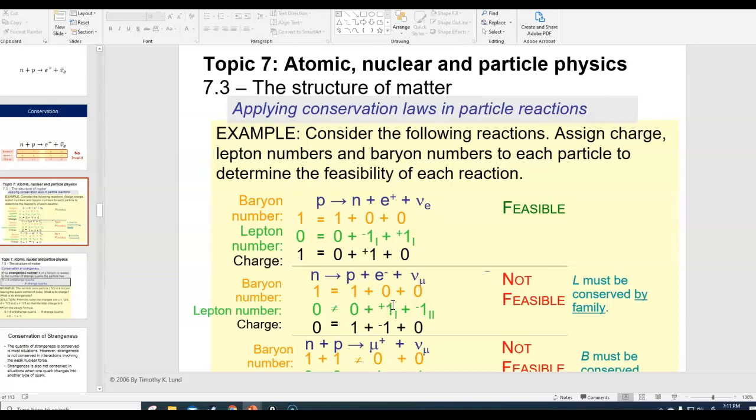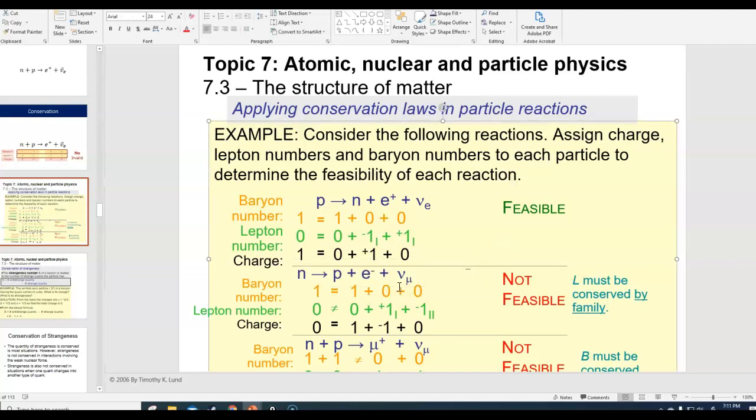if you break it down by family, notice that we have a lepton number of 0 on the left. We have a lepton and an anti-lepton, or what should be an anti-lepton, over here. It looks like the little line for the antiparticle is actually missing for some reason. I don't know how that happened, but that should be an anti-muon neutrino.